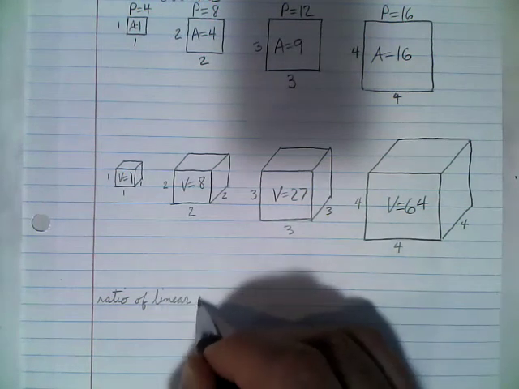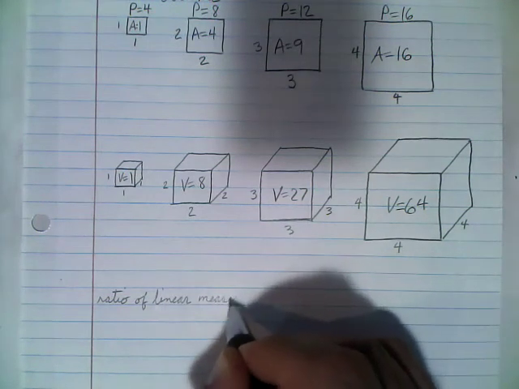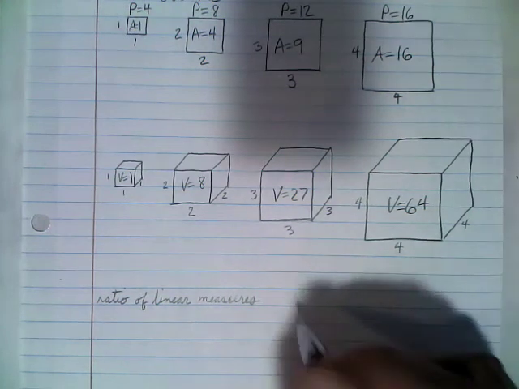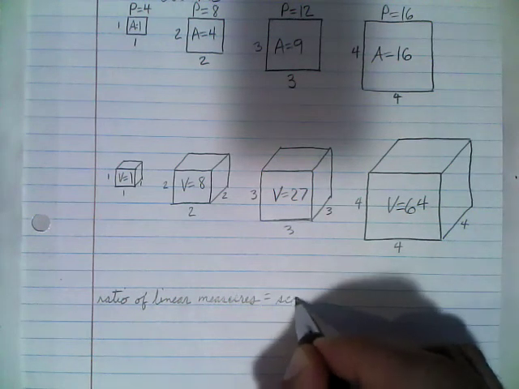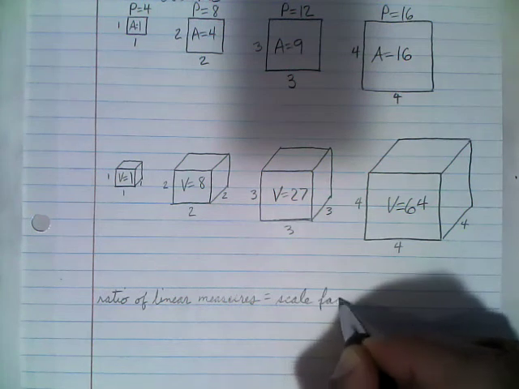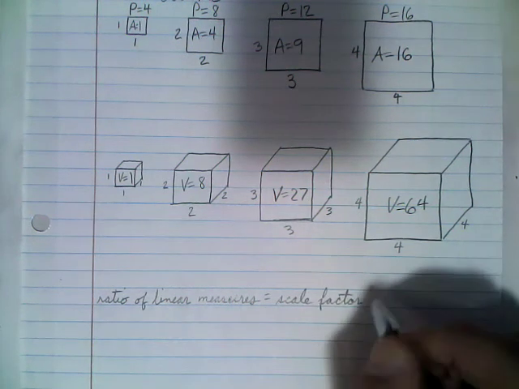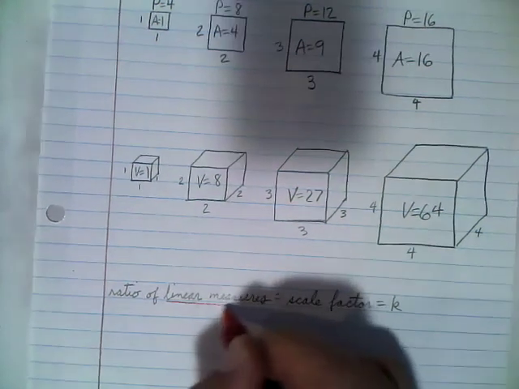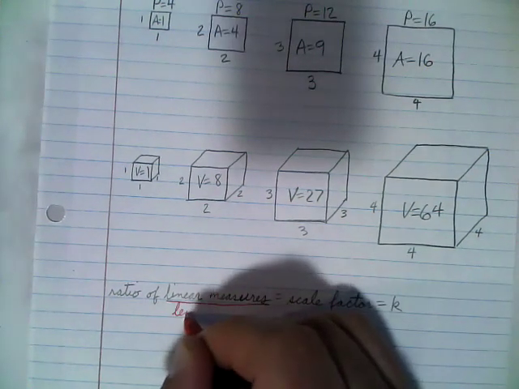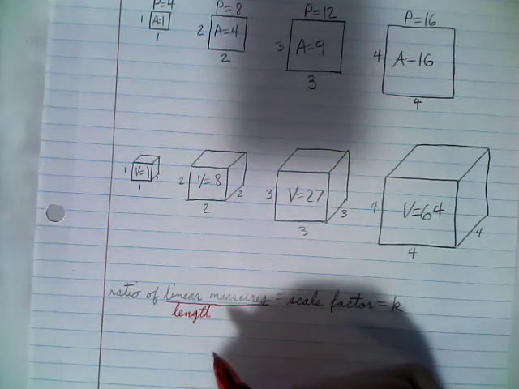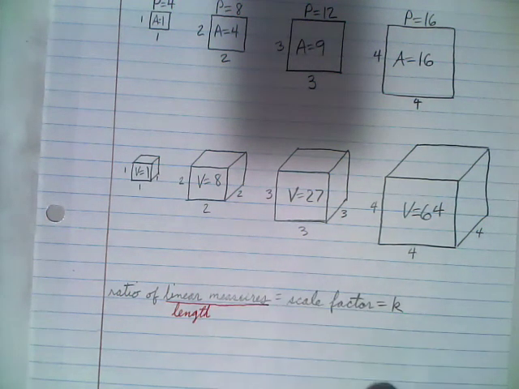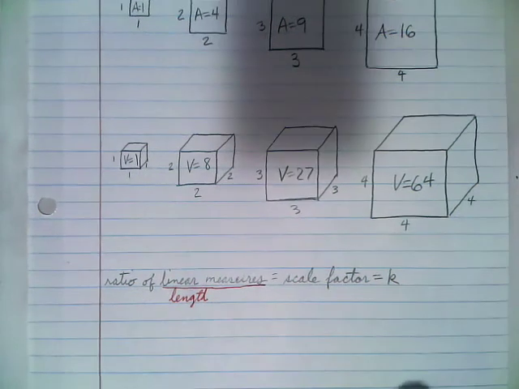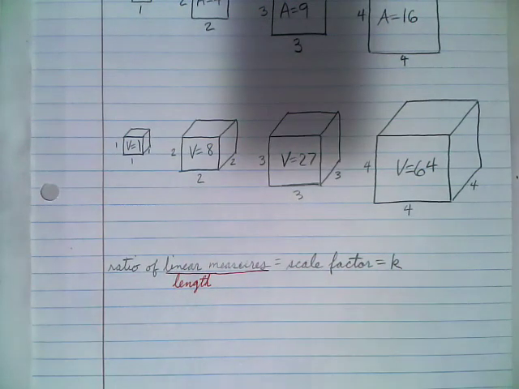of linear measures is going to equal your scale factor, which is often symbolized as the letter K. So when we talk about linear measures, remember we're talking about lengths, which also includes widths and heights and radiuses and diameters, but any kind of length, even if it's not called a length, if it is a length, it counts there.